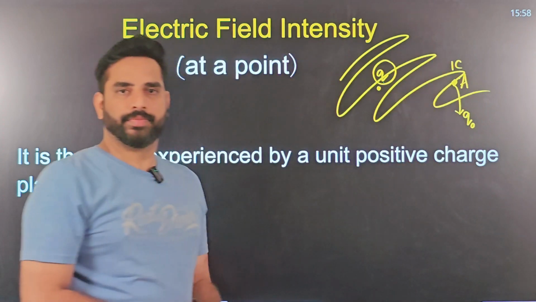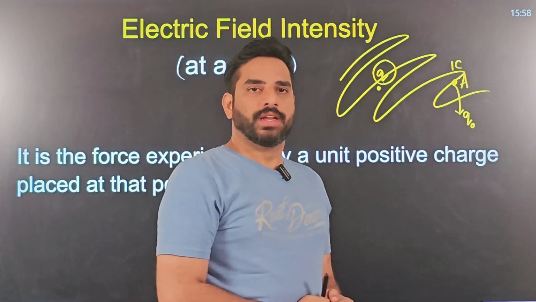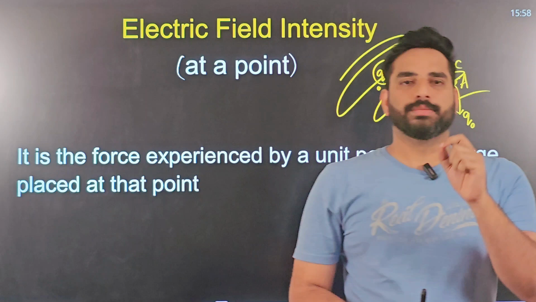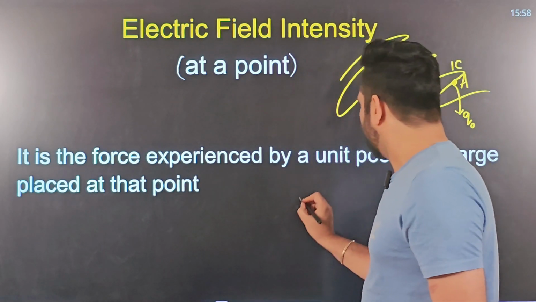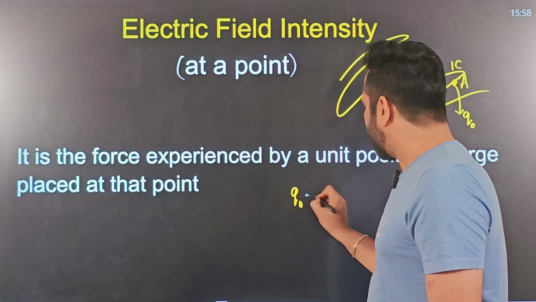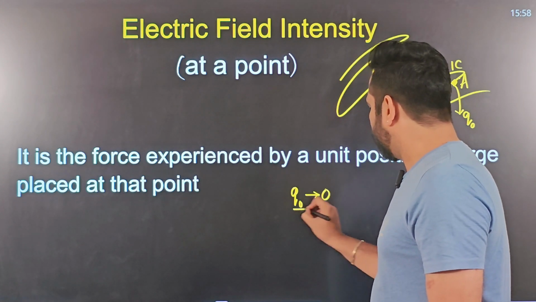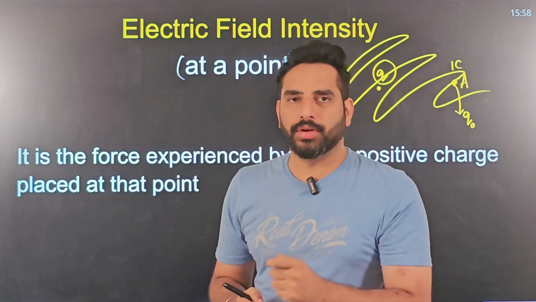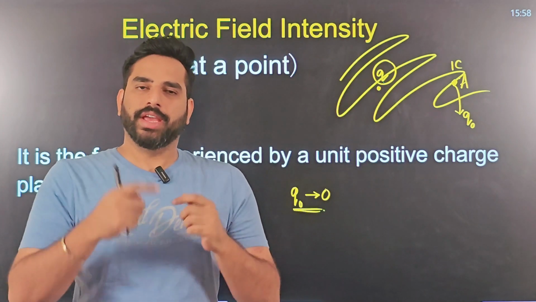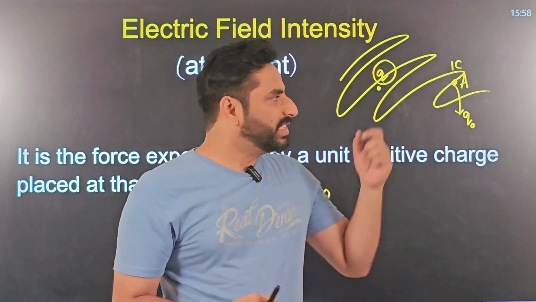Now what is a test charge? A test charge is a very, very small positive charge. A small positive charge Q0. So Q0 is actually tending to 0. Smaller is the magnitude of the test charge, more accurate is my result.